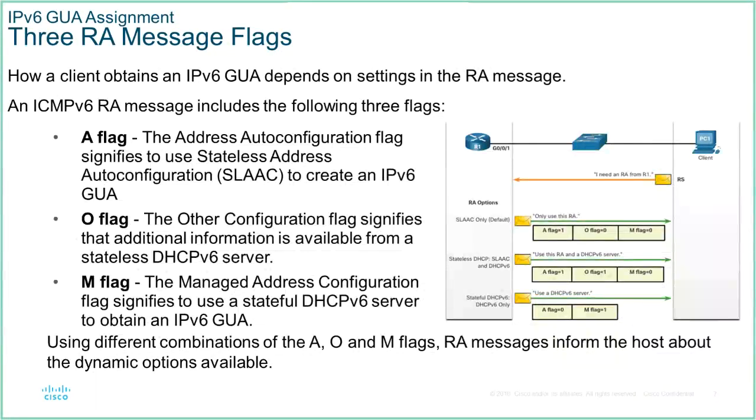We have the other configuration flag, our O flag, which gives us additional information under the stateless configuration. And the managed address configuration flag, the M flag, means we're using a stateful DHCPv6 server to do our addressing. There are a few combinations of those flags together that mean we can control how our devices are getting configured.